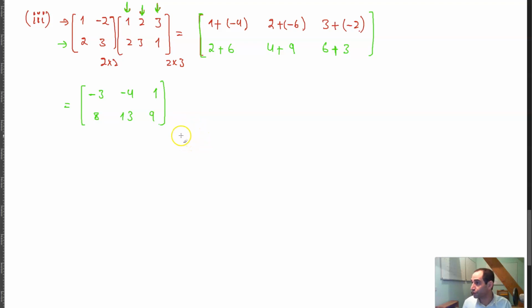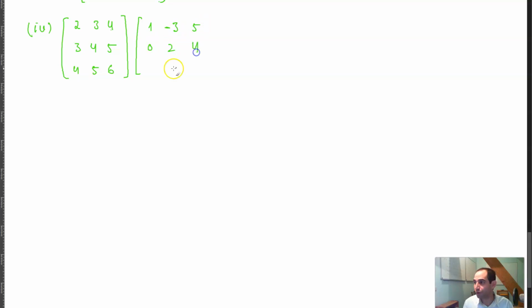Part 4 of this question is another matrix, which is 2, 3, 4, 3, 4, 5, 4, 5, 6 times 1, negative 3, 5, 0, 2, 4, 3, 0, 5.